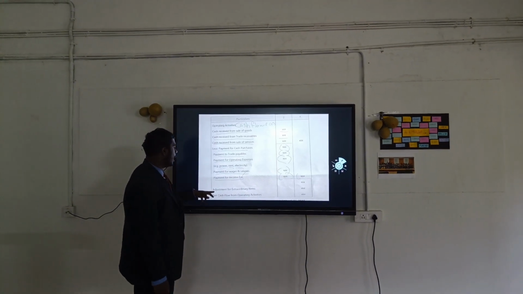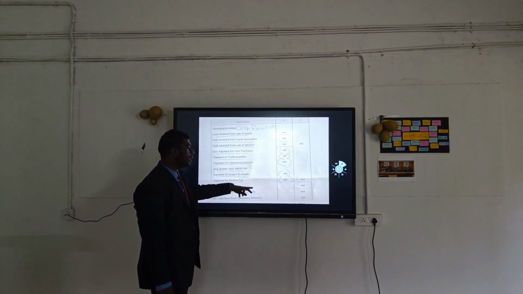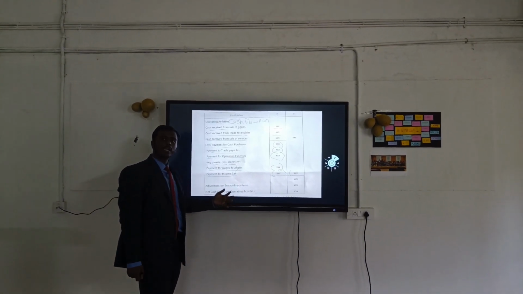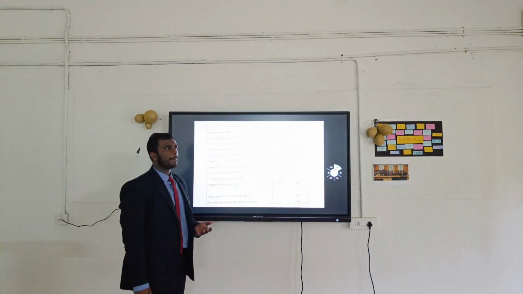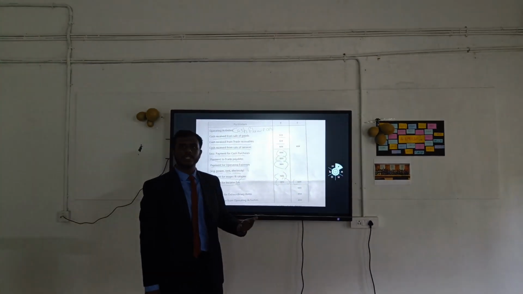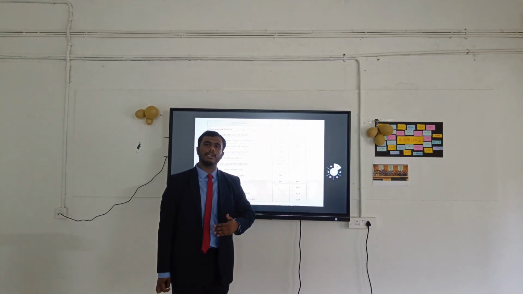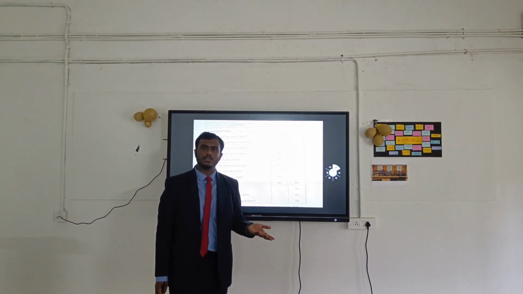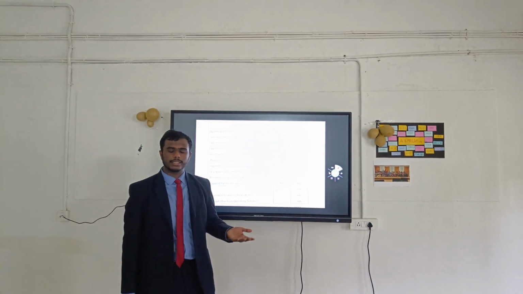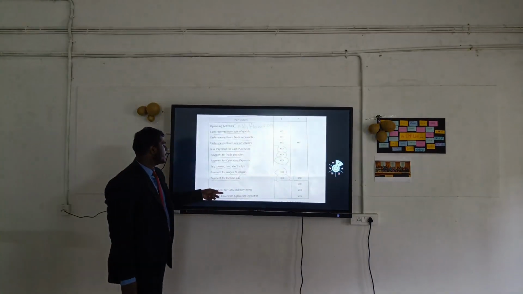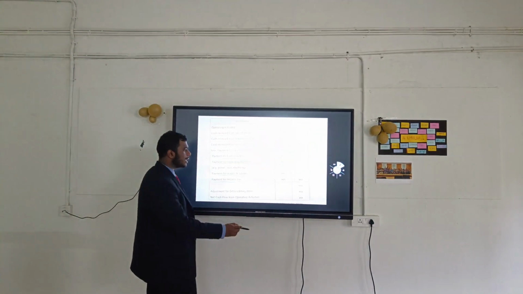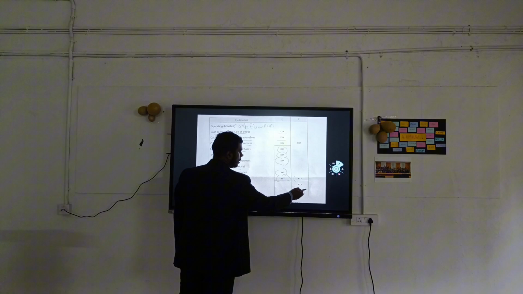Next is adjustment for extraordinary items. Extraordinary items means, for example, earthquakes, or some payments given by the government for natural disasters, and such things come under extraordinary items. So these items should be added.